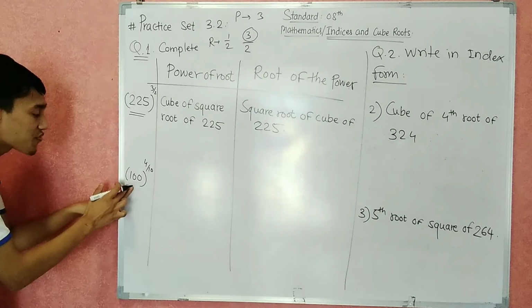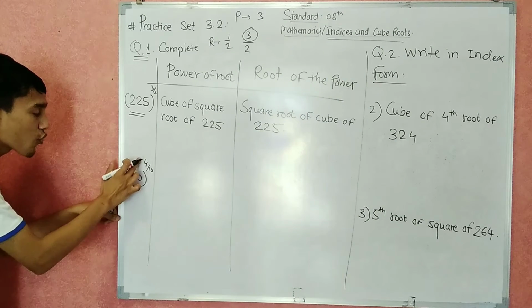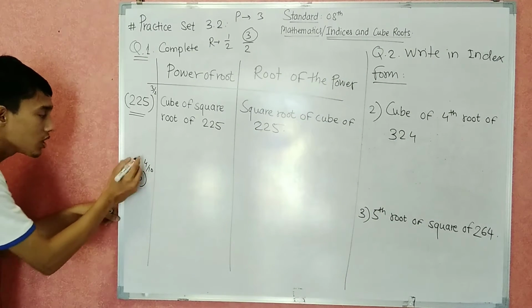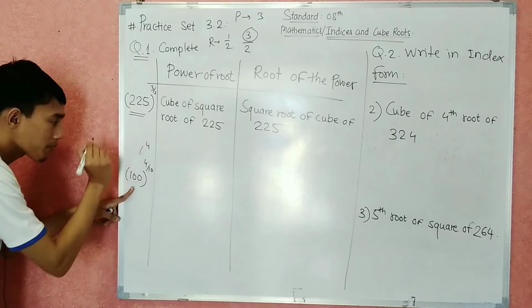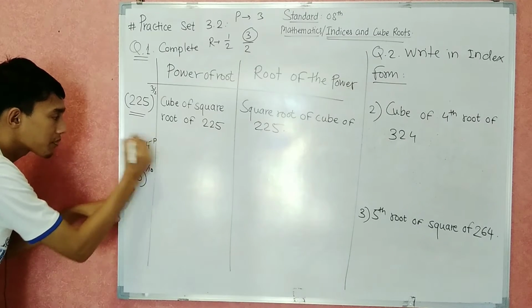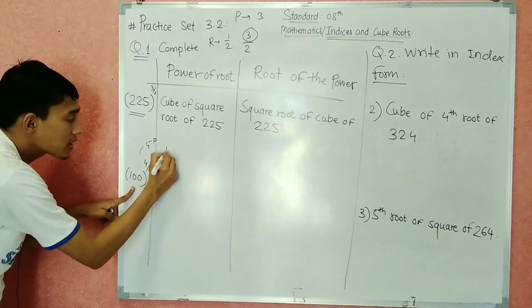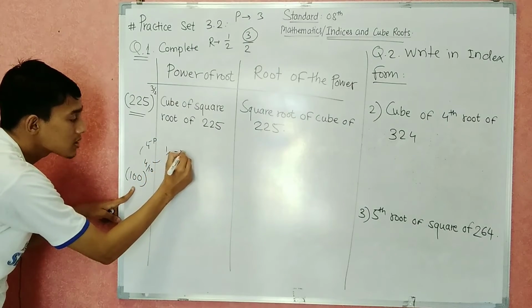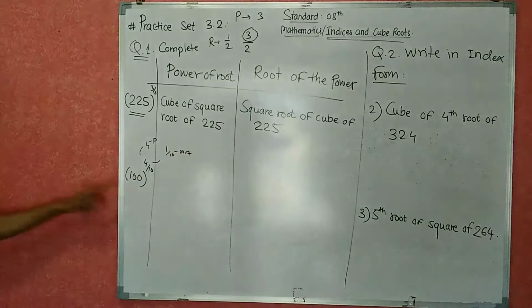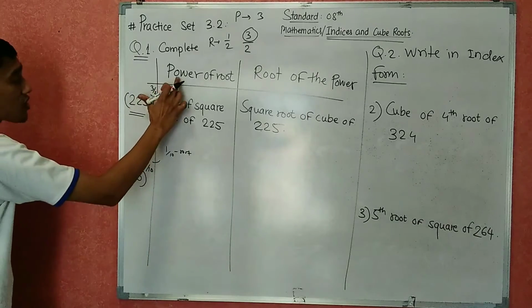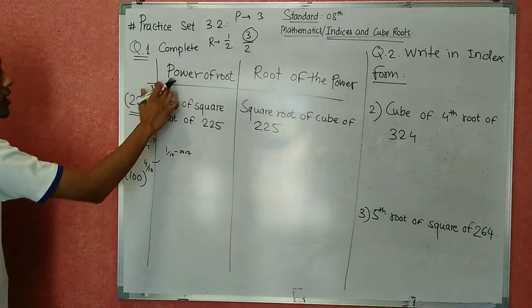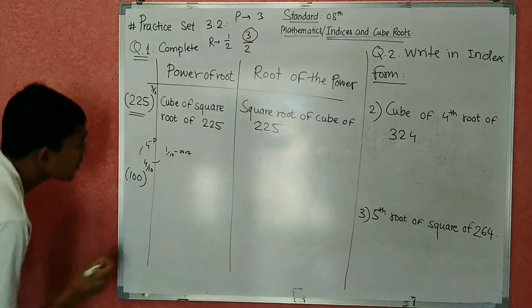Similarly, we will solve the another sub question. The index form number is 100 raised to 4 upon 10. So here power is 4 and 1 upon 10 is the root. We have to first write this index form number in the form of power of root. So we will take the power first.